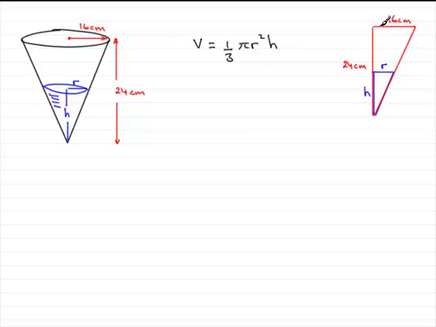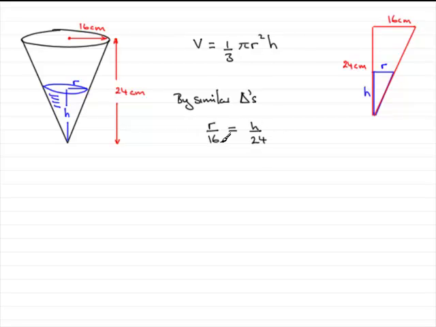Now we can compare sides that are in the same ratio, so we can say that by similar triangles, r over 16, r compared with 16, is exactly the same ratio as h compared with 24, h over 24.